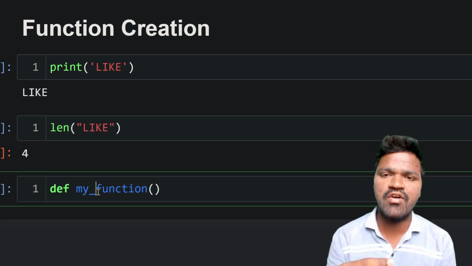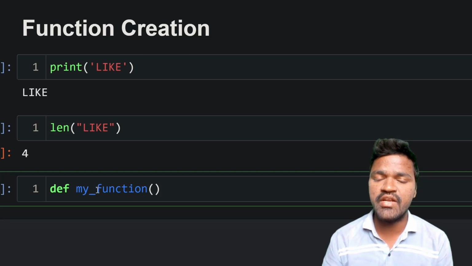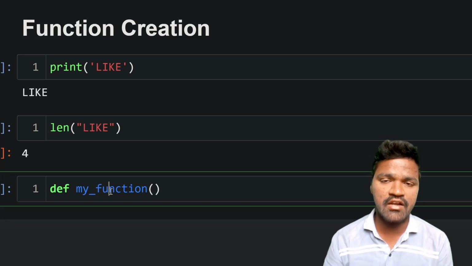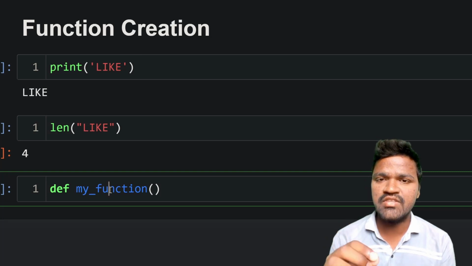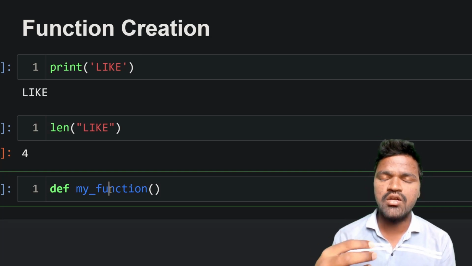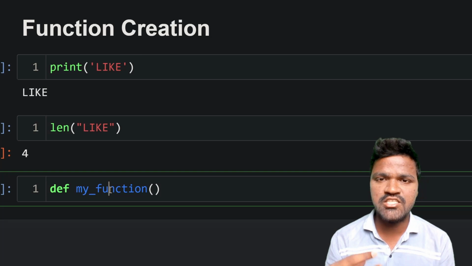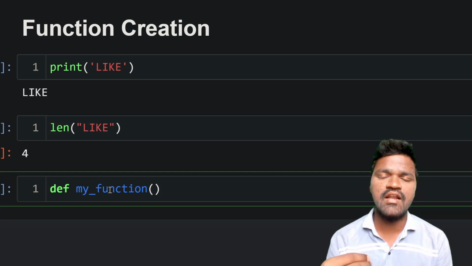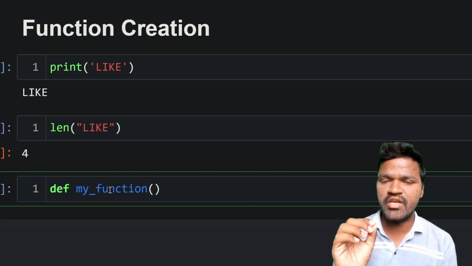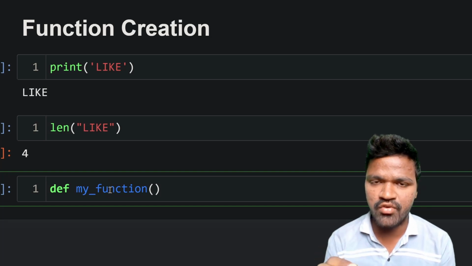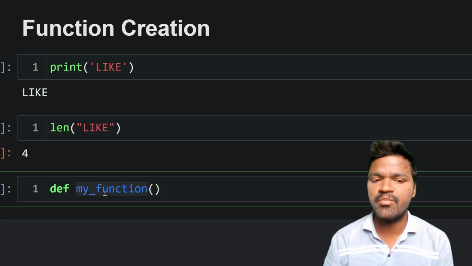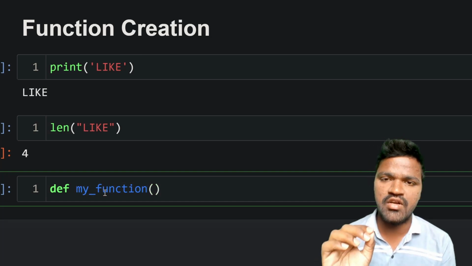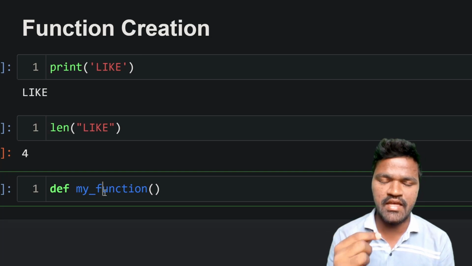We can have alphanumeric characters for function names and variable names, and the names should start with either an alphabet or an underscore. Any special characters are not allowed, and keywords are not allowed for functions and variables. I hope you can understand the naming conventions of the function name. If you have any confusion, watch my previous video about naming conventions for variables, by which you will be able to understand it clearly.